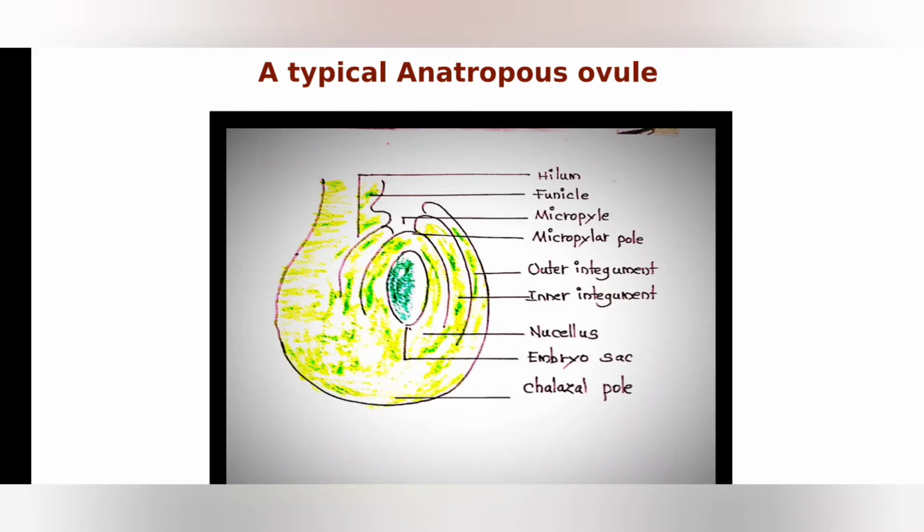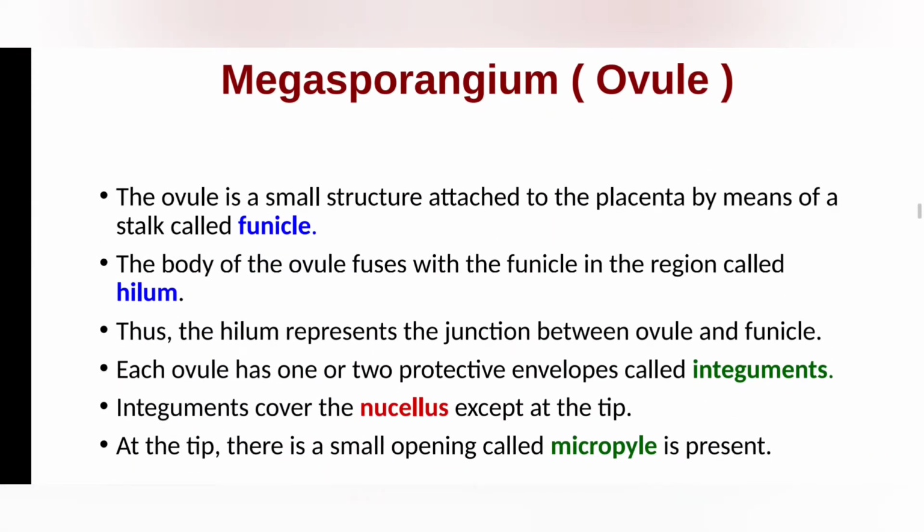At the top of the diagram we can see the hilum, then the funicle, then the micropyle, then the micropylar pole, and we can also see the integuments, the outer integuments and the inner integuments. Then comes the nucellus, then the embryo sac, and opposite to the micropyle we have the chalazal pole. Megasporangium, in other words ovule.